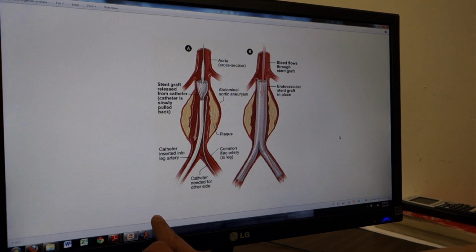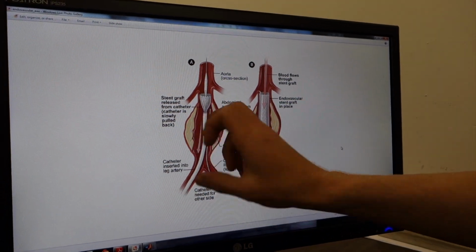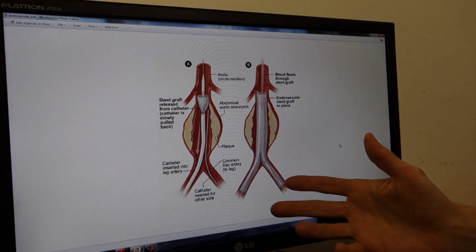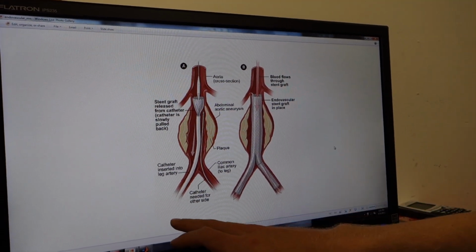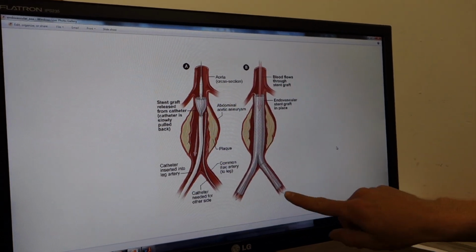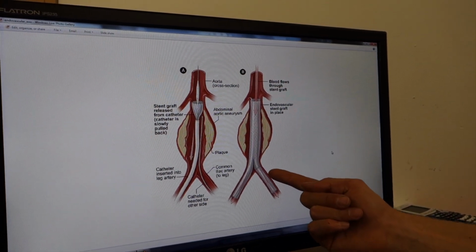This tube here is stuck through your femoral artery, up through the problem region, and then it's expanded, so it's a bistable device. It has two stable conditions, one of which would be in this closed form, the other in the open form over here. And then you provide the other leg of the device by going through the other iliac artery.